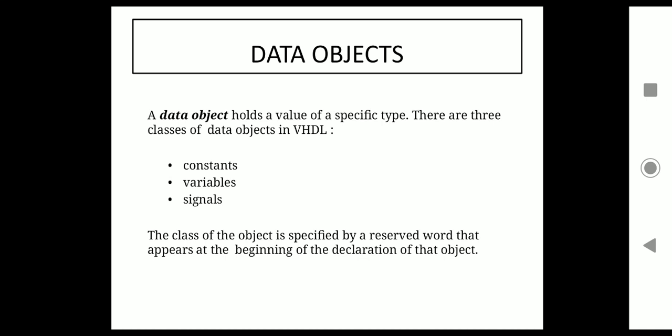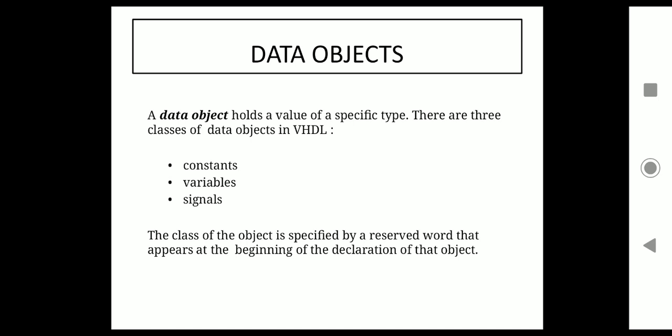Now we will start with the next point, that is data objects. As we have discussed in previous slides and lectures, in some of the syntax we have used a data object as a part of the syntax. That means which data types we are going to use in our VHDL program, and we are going to discuss that in this slide.